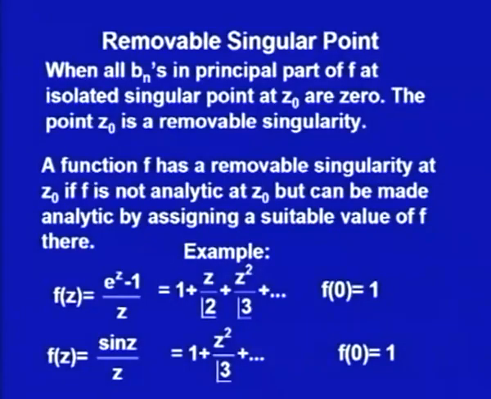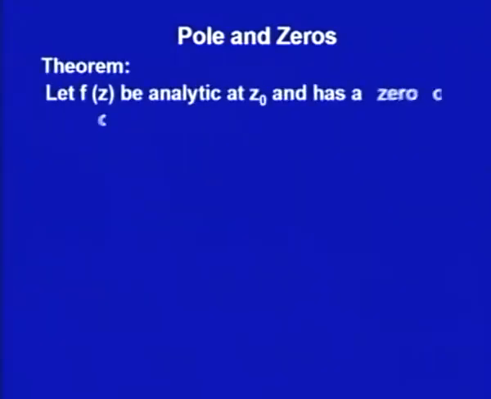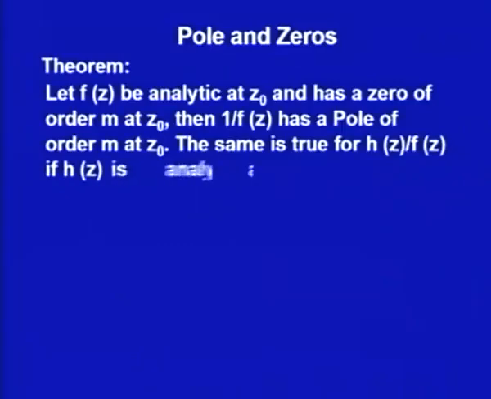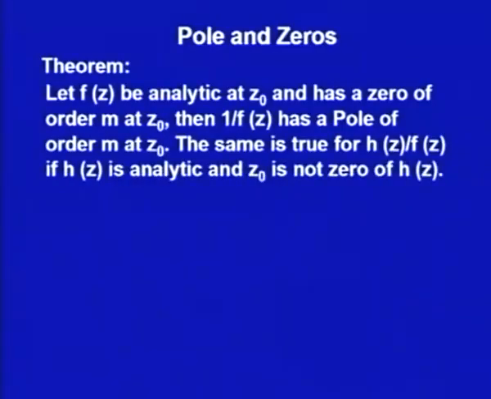So now let us move to one more result where we would relate the zeros and the poles for a function, if the function can be written as a ratio of two functions. The result says: let f(z) be analytic at z naught and have a 0 of order m at z naught, then 1 upon f(z) has a pole of order m at z naught, and the same is true for h(z) upon f(z) if h(z) is analytic and z naught is not a 0 of h(z).